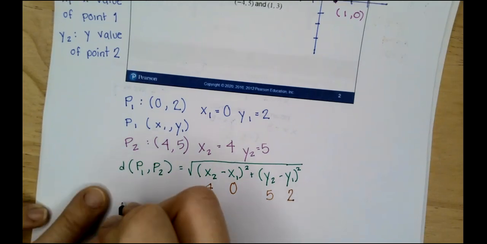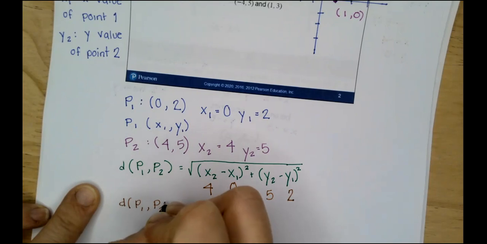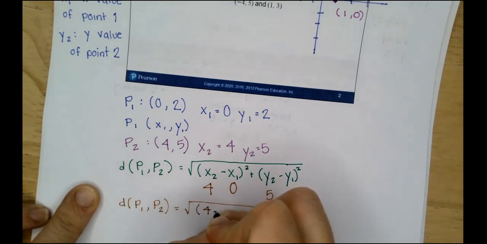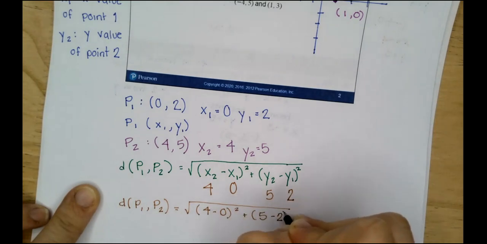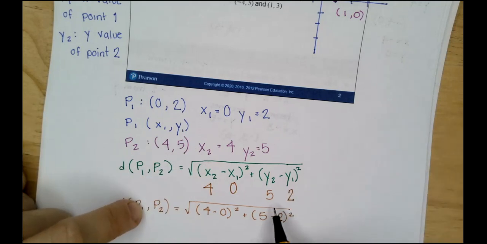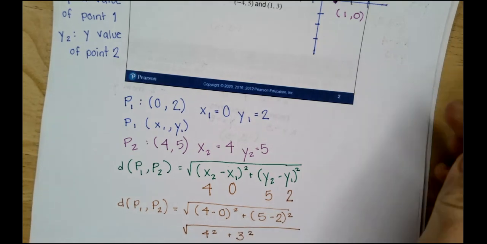Okay, same thing. Distance between P1 and P2 is equal to the square root of 4 minus 0 squared plus 5 minus 2 squared. Keep those minus signs, okay? Even if your numbers are negative, you'll just be minus a -2, for example. So 4 minus 0 is just 4 squared. 5 minus 2 is 3 squared, right?